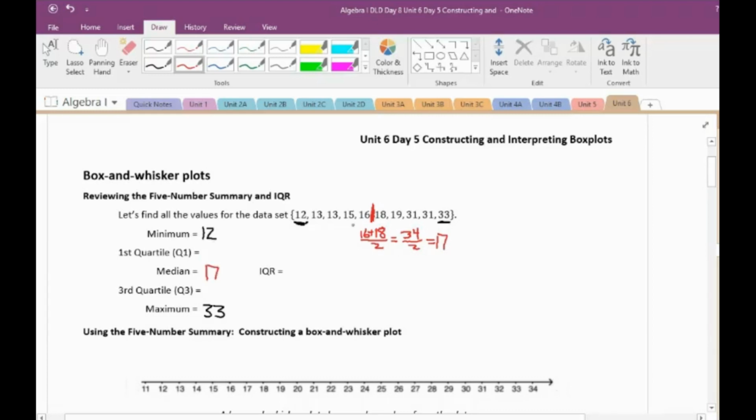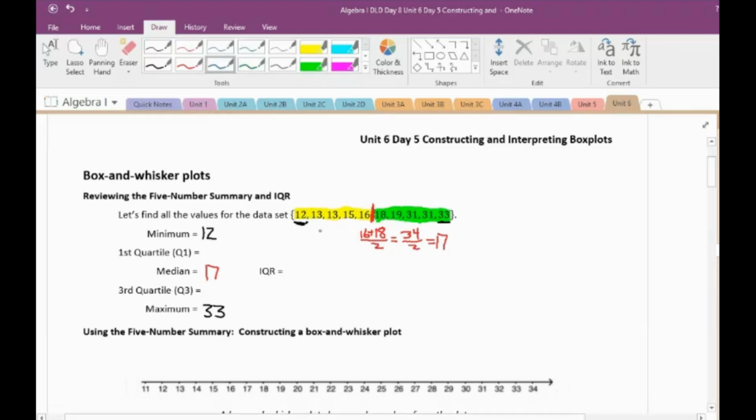Now that we know the median, we have these five numbers to the left and these five numbers to the right. And we're going to find the median of each of those halves in order to get our first quartile and third quartile.